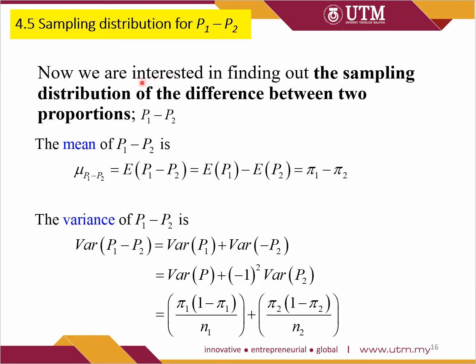So now we are interested in finding the sampling distribution of the difference between two proportions, P1 minus P2. The mean of the difference would be pi1 minus pi2, and the variance of the difference is pi1 times (1 minus pi1) over n1 plus pi2 times (1 minus pi2) over n2.